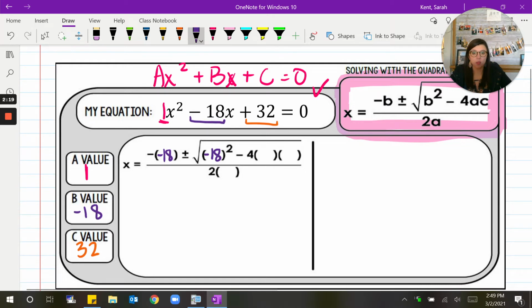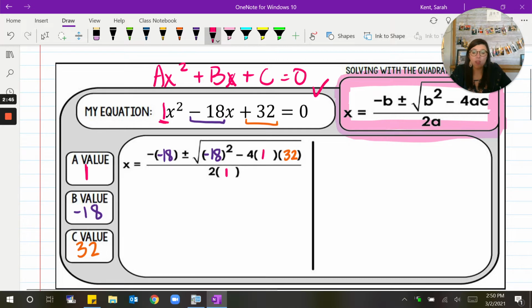So in this first one, I want my a, which is 1. And in the last one, I want c, which is 32. And then on the bottom it says 2a, so my a is 1.